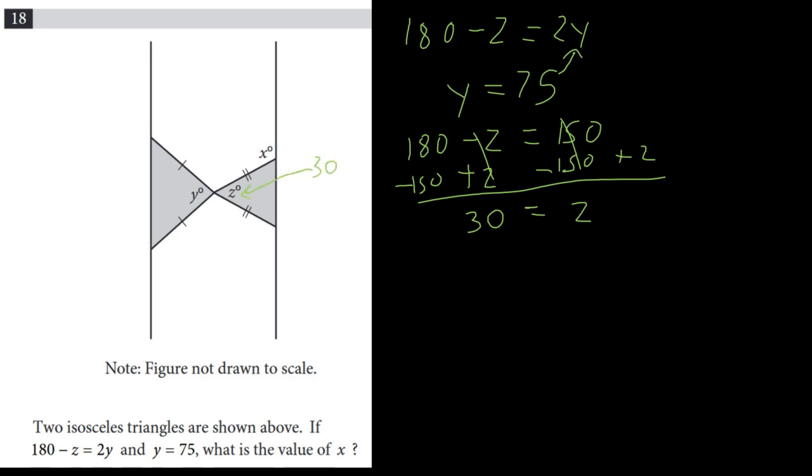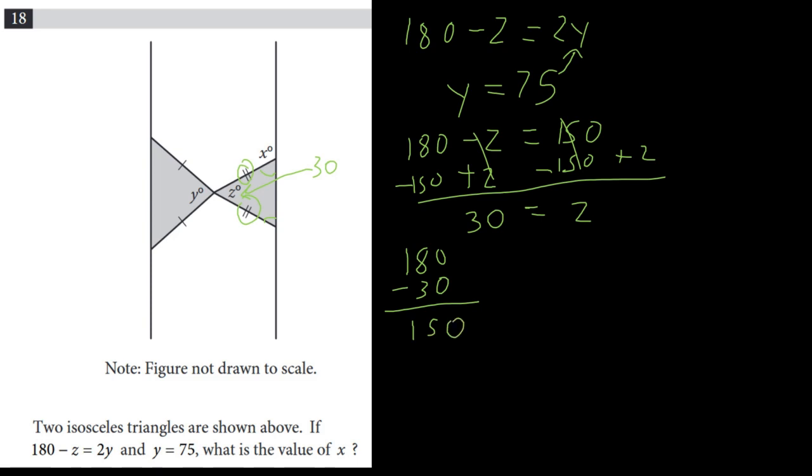Now, this is also called an isosceles triangle. I see those two little lines right there. That means that two of the sides are the same. If two of the sides are the same, I know that the opposite angles are the same. So what I know so far is that in a triangle, there's 180 degrees. I know z is 30, so I can do 180 minus 30, and that's 150.